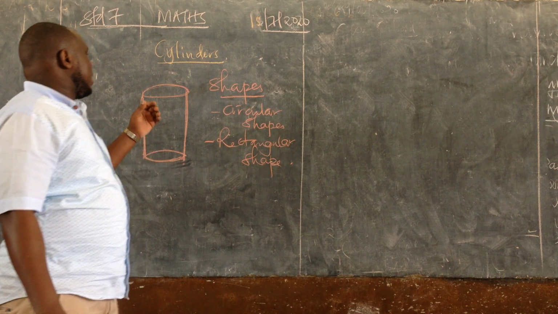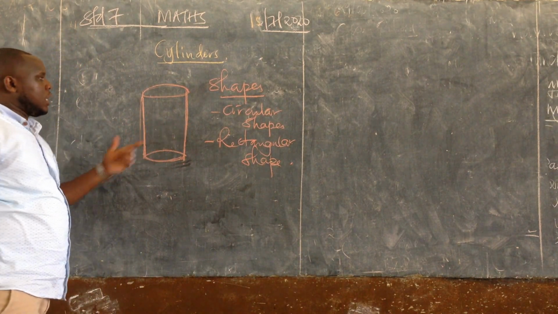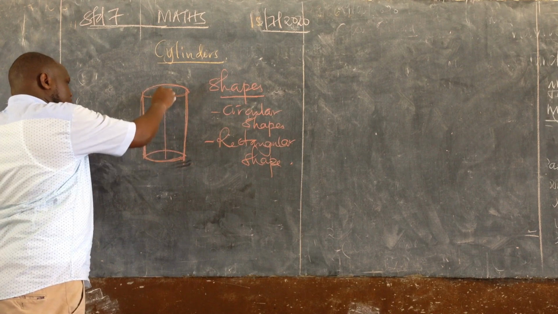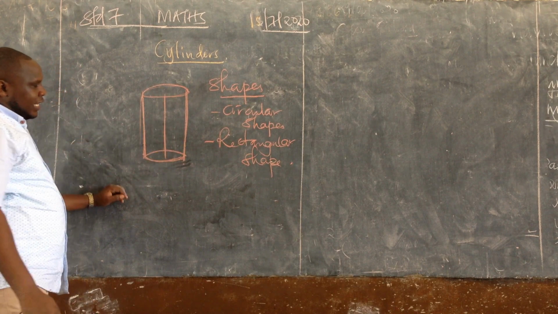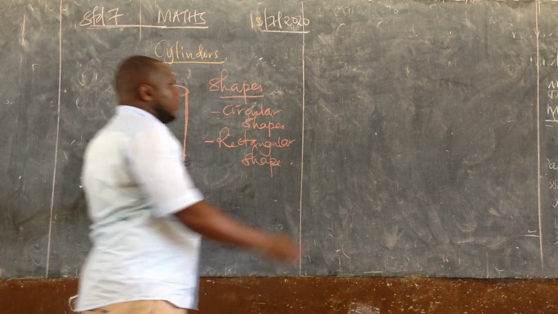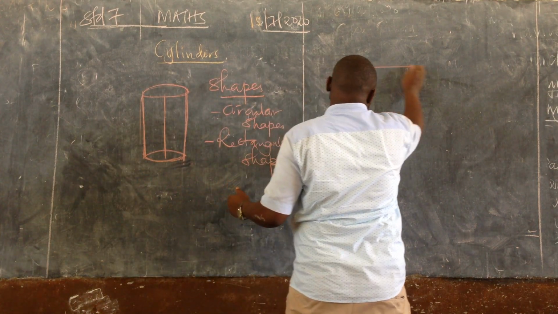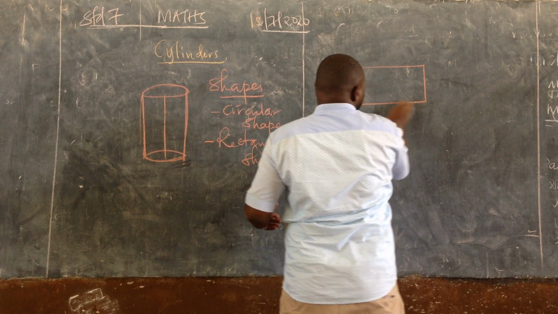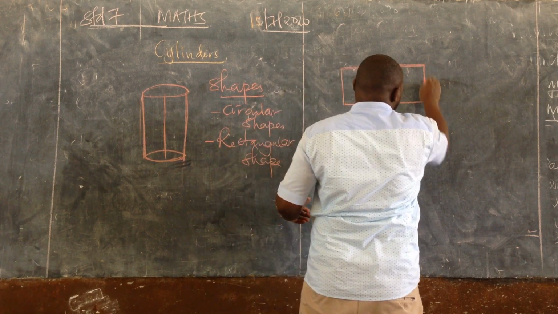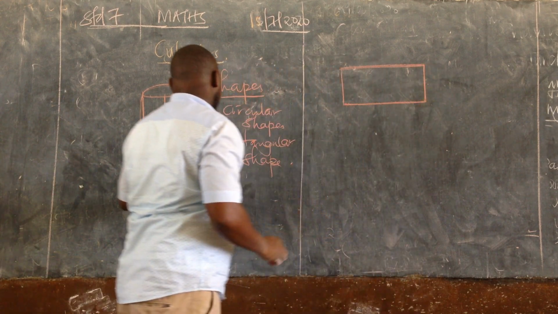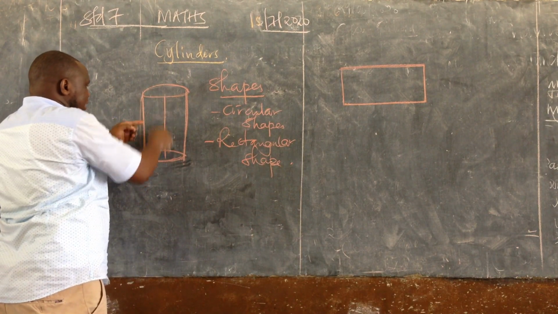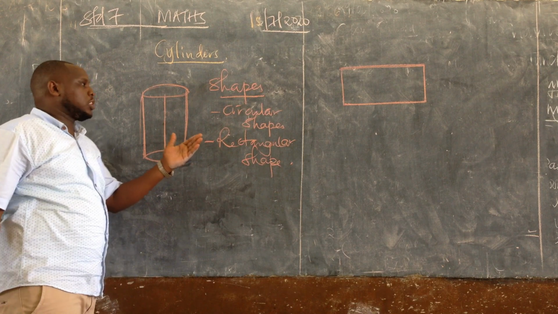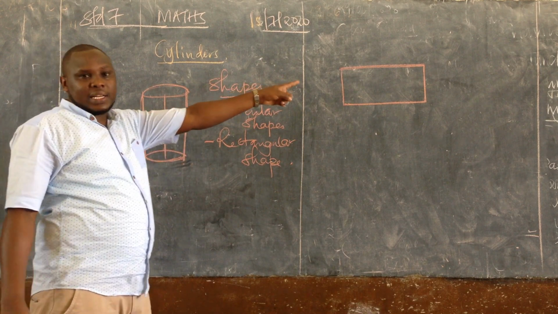In this one, I want us to understand the shapes by getting this and dividing it into two, just like that. When you finally cut this into two, you will have a rectangular shape, because if you cut this one and stretch it to look like an iron sheet, you will have something like that.